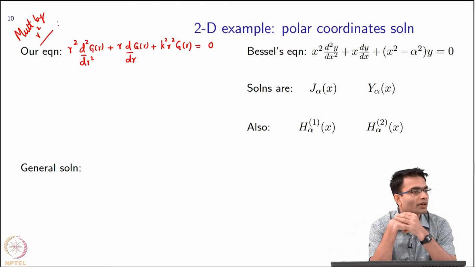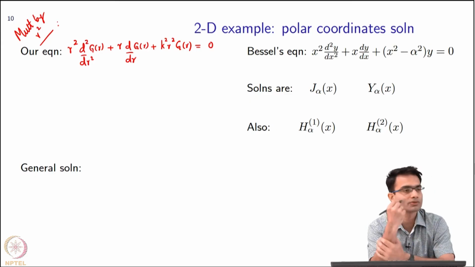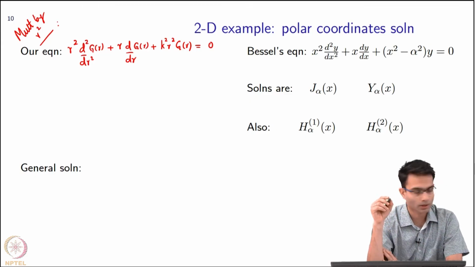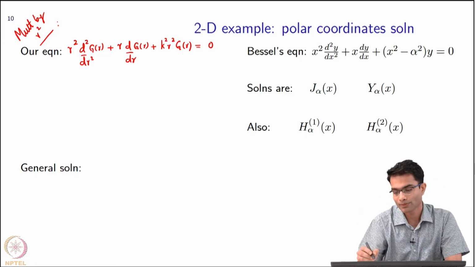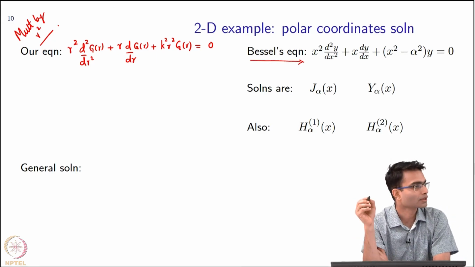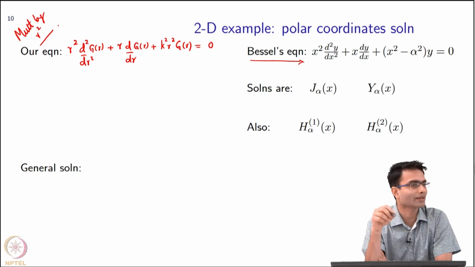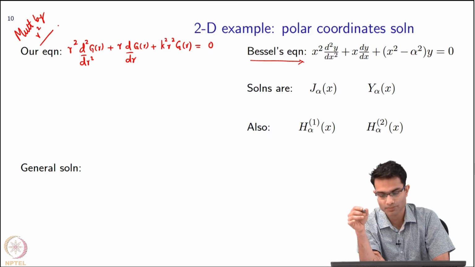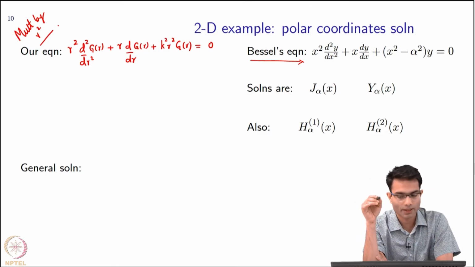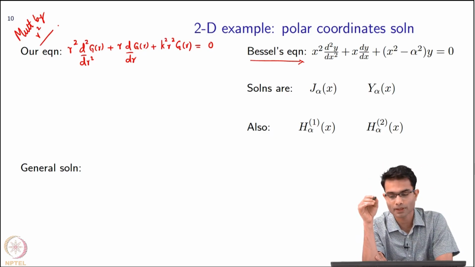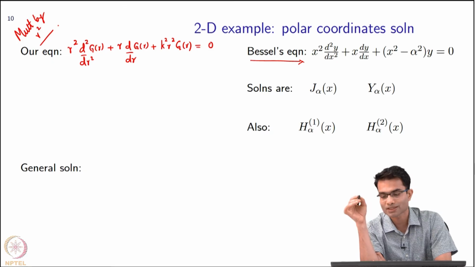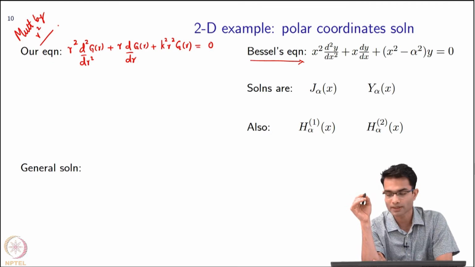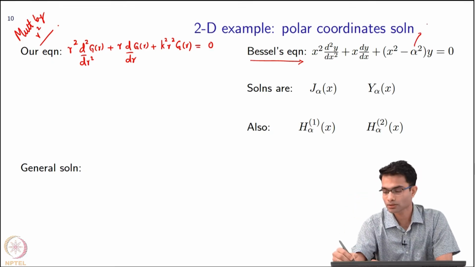Now, those of you who have done a course on special functions in your math courses might recall what is called Bessel's differential equation. No one will actually remember it, but if you look it up, it looks like x squared y double prime plus x y prime plus (x squared minus alpha squared) y is equal to 0, where alpha is a constant.